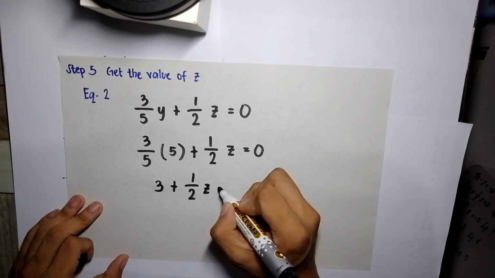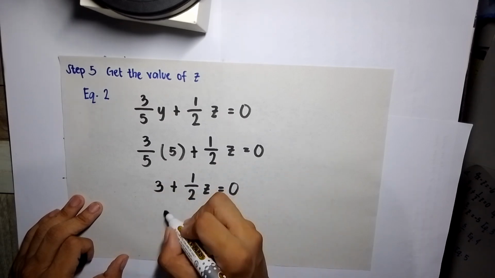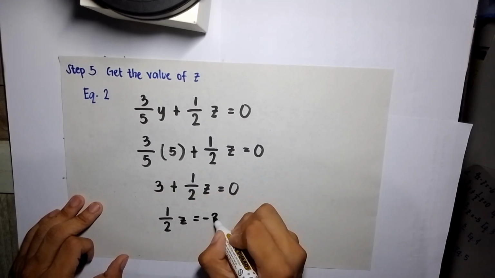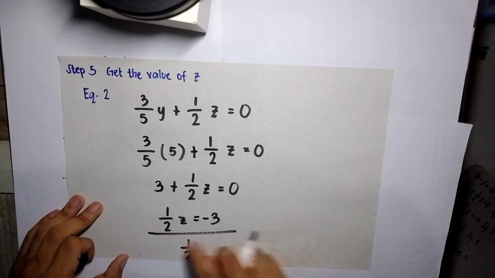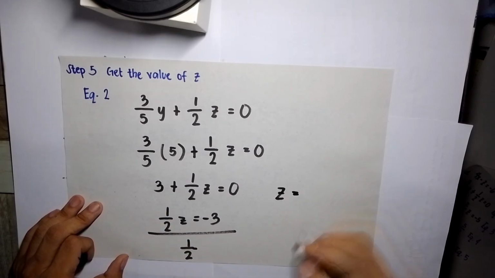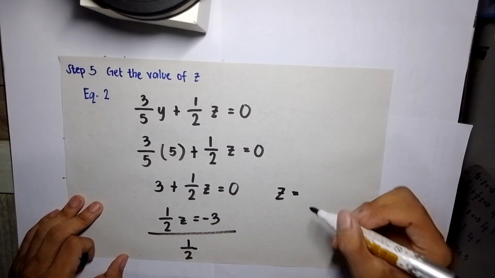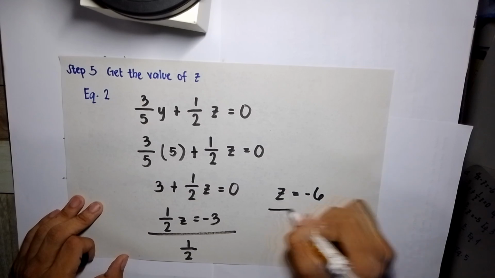Now we're going to isolate 1/2 z by transposing 3 to the right side. Make the coefficient of z equal to 1. Therefore, the value of our z is negative 6.